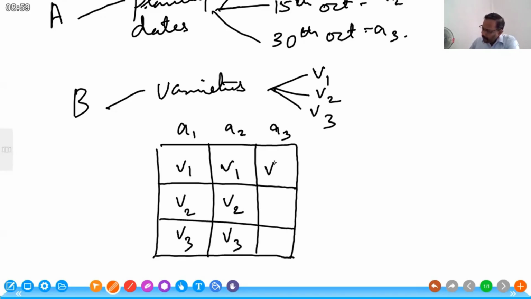This is before randomization. This is planting on 1st of October. This is planting on 15th of October. This is planting on 30th of October. You see? We'll talk about the replication and randomization a little later. So this is the setup.